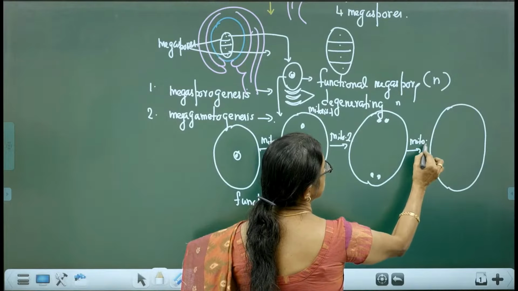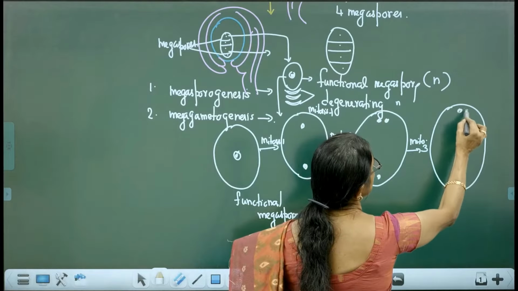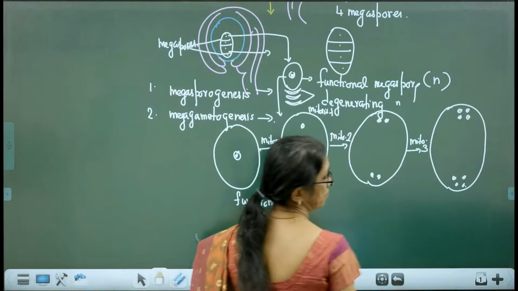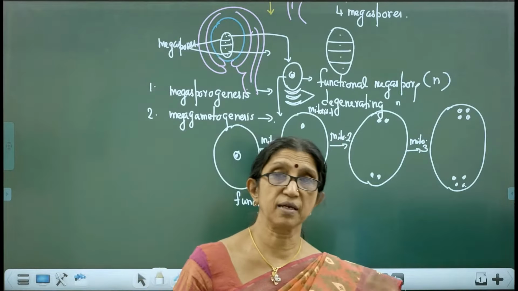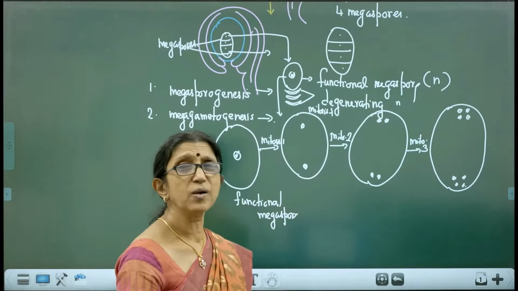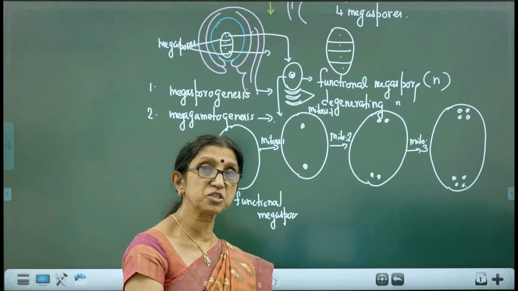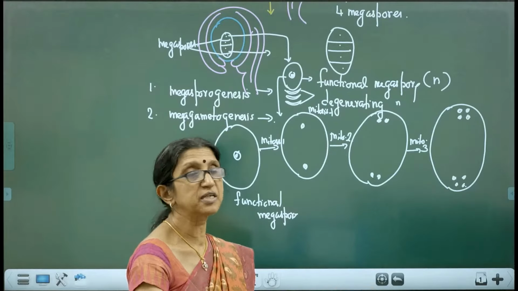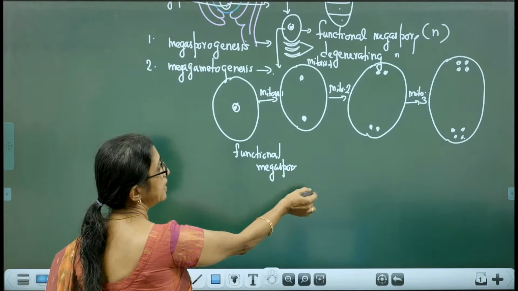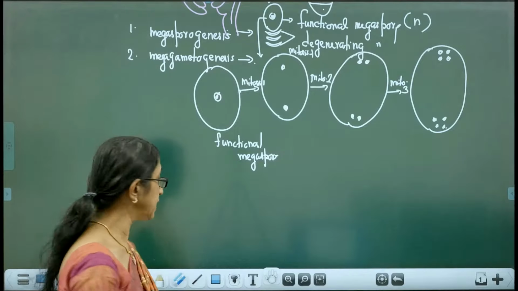By the third division, we can see 2 groups of 4 nuclei getting organized in the micropylar end and chalazal end. Nuclear divisions are over, and so far we cannot see cellularization till the third division is over. This is followed by rearrangement of the nuclei and wall formation to form the female gametophyte or embryo sac.